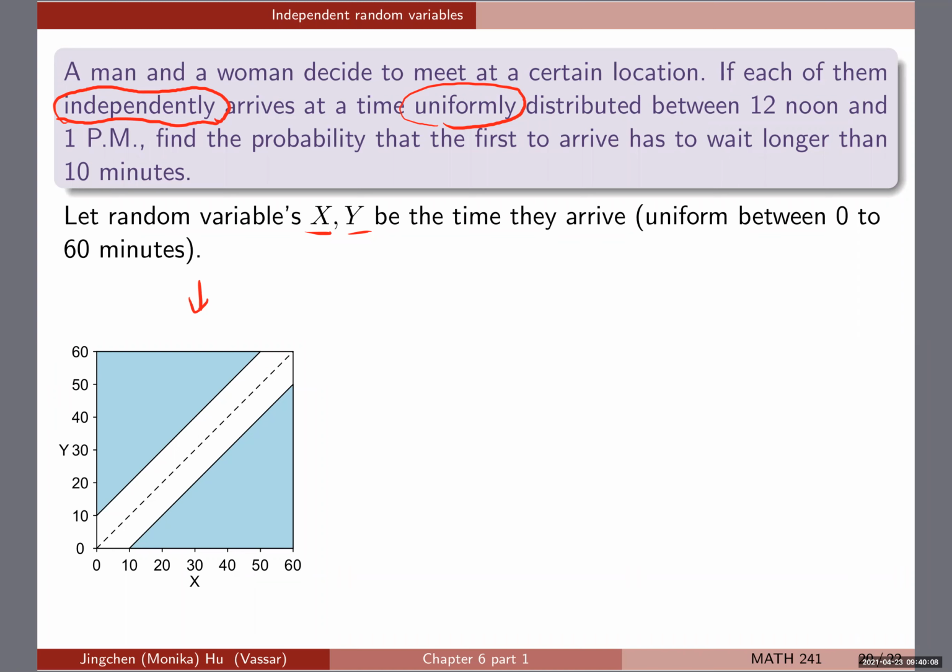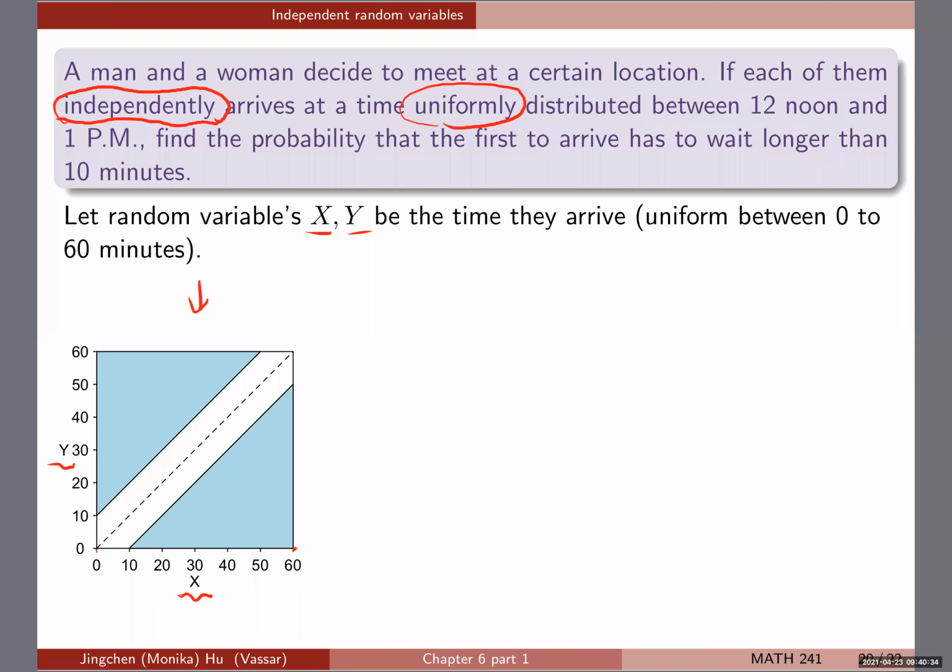Both of them are for 60 minutes, from 0 to 60, so we're essentially creating a square here. One axis represents X, the other represents Y. This graph is useful because we can figure out the area out of this square to represent the event that we're trying to figure out the probability for.